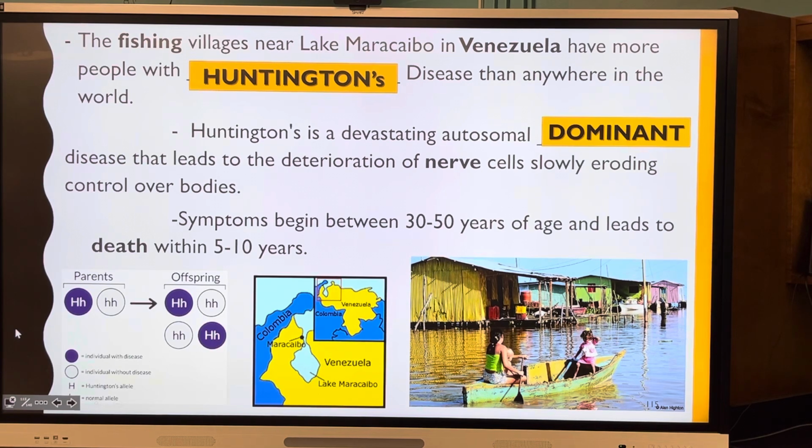The symptoms begin between 30 and 50 years of age and lead to death within 5 to 10 years. That's just another example.